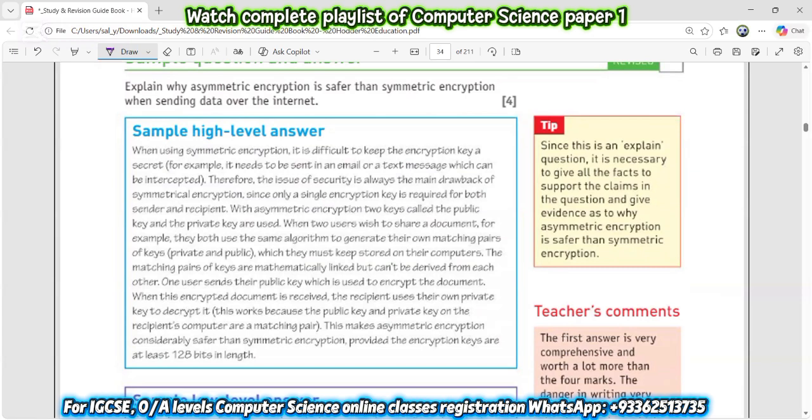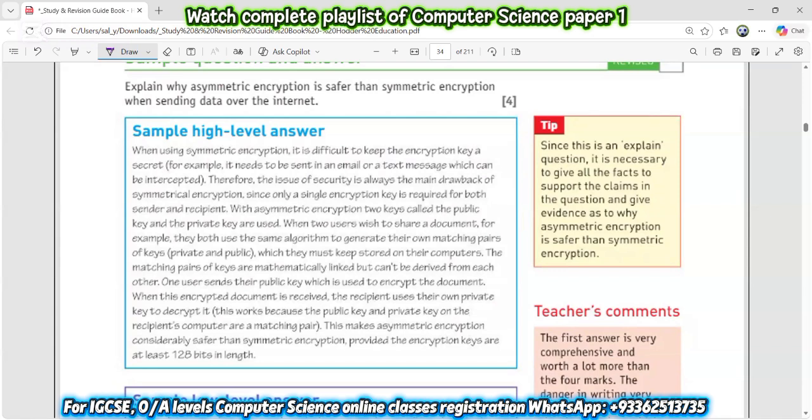Therefore, the issue of security is always there since only a single encryption key is used for both the sender and the recipient. With asymmetric, two keys called the public key and the private key are used when two users wish to share a document. They both use the same algorithm to generate their own matching pairs of keys, which they must keep stored on their computer. The matching pairs are mathematically linked but cannot be derived from each other.